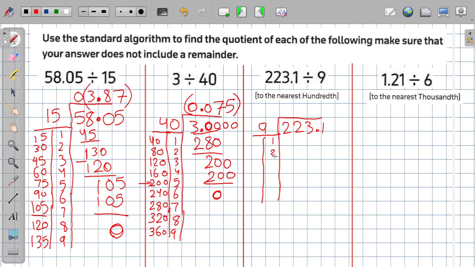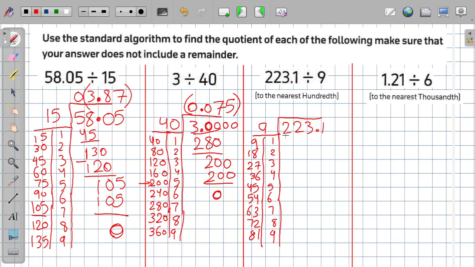So I have 1, 2, 3, 4, 5, 6, 7, 8, and 9. So 1 by 9 equals 9, 18, 27, 36, 45, 54, 63, 72, and 81.